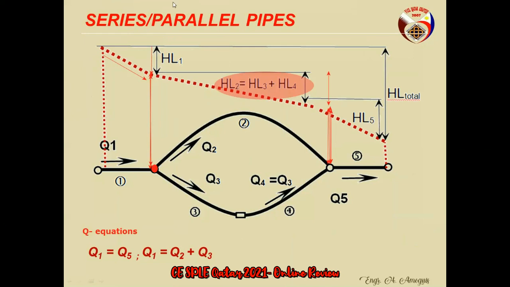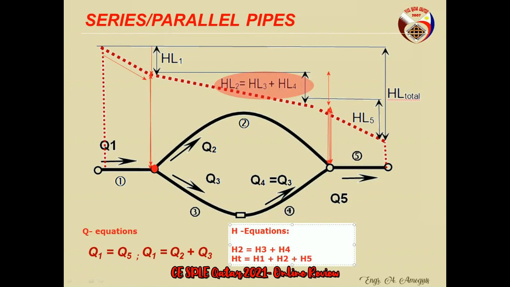Ito na, i-type ko na lang. H equations. Ano yung H equation? In this case, H2 equals H3 plus H4. Then, H total equals H1 plus H2 plus H5.